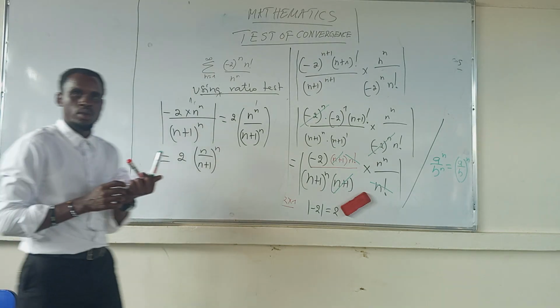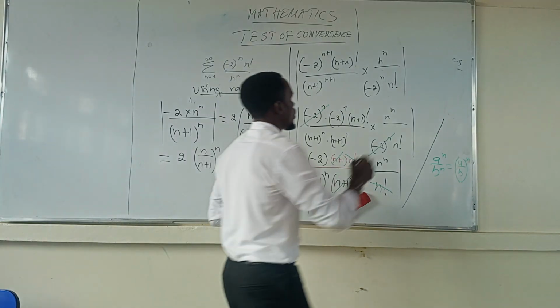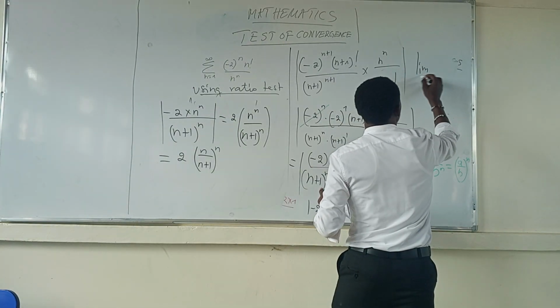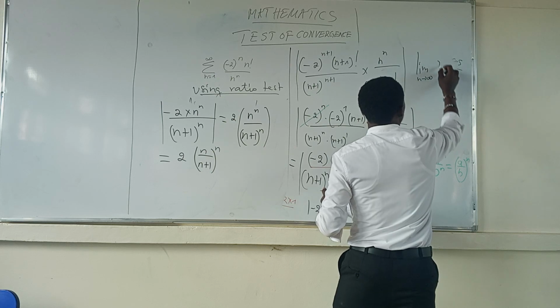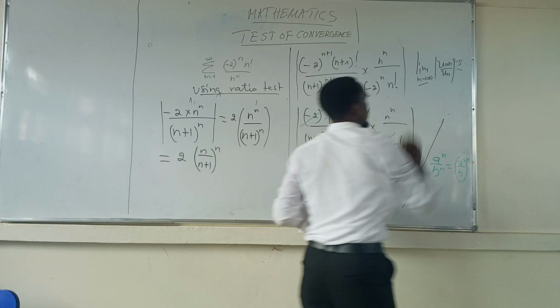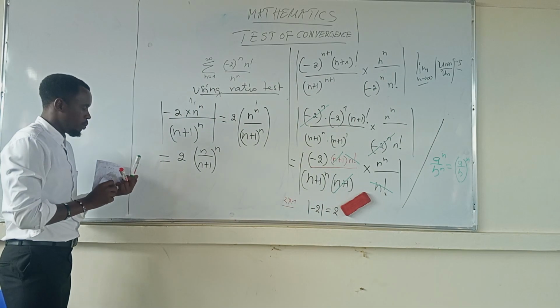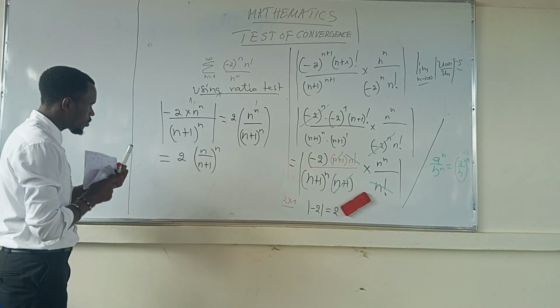But guys, remember at the time where we started, we were evaluating the limit as n tends to infinity of u n plus 1 over u n. In other words, don't forget the other limit that we had before. I'm going to apply my limit.